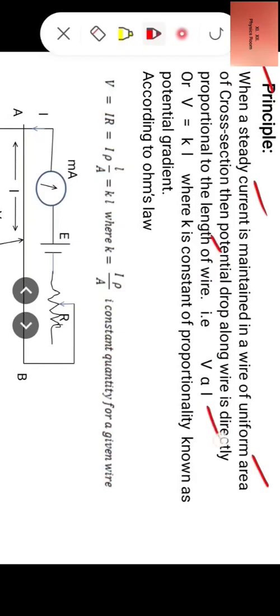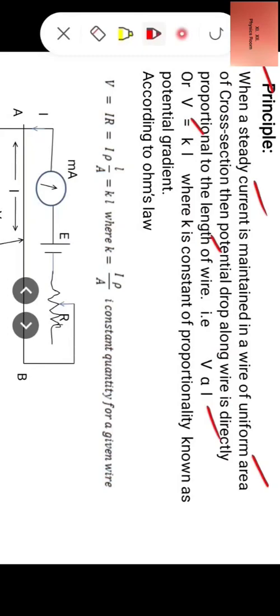That is, V is directly proportional to L, where V is potential drop across length L of the potentiometer wire. Or we can write V is equal to KL, where K is constant of proportionality known as potential gradient.